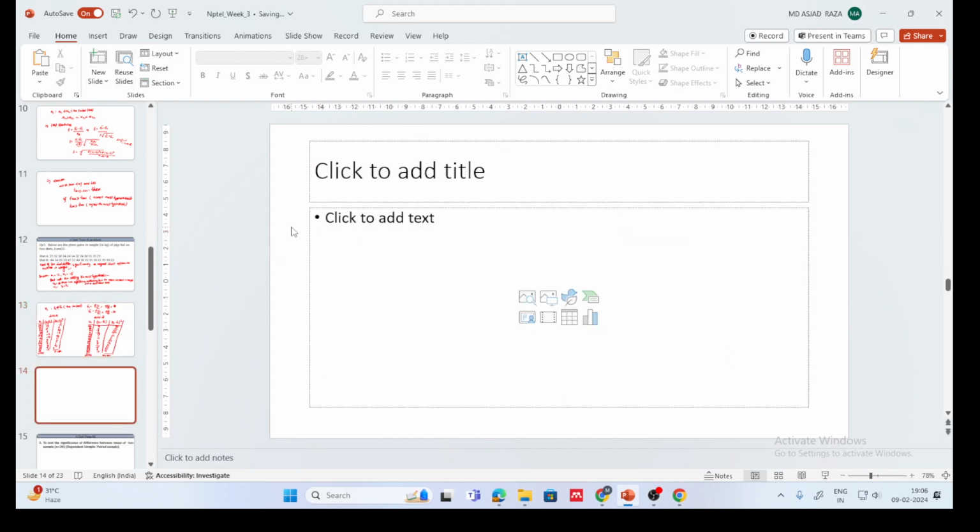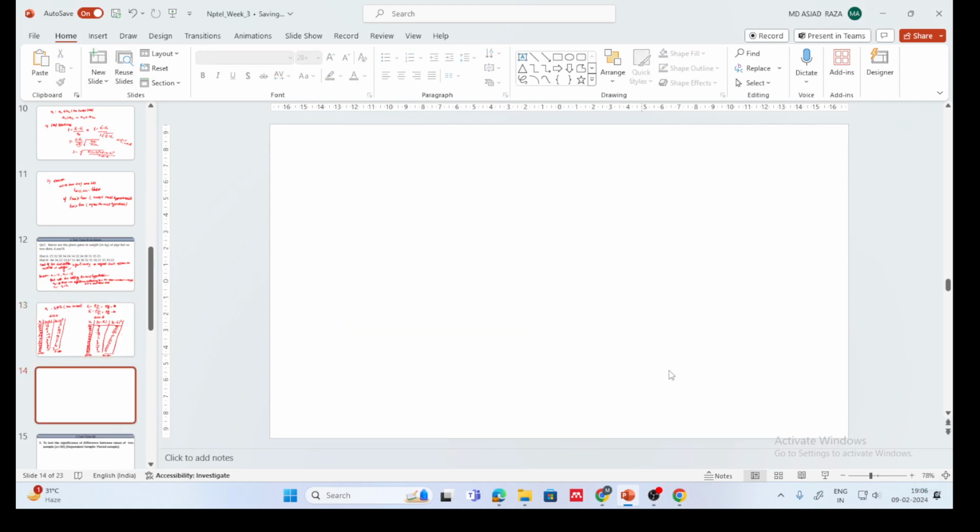I'll go ahead with that. I will solve. Now we will go with S squared. What is the formula? Sum of x1 minus x1 bar square plus sum of x2 minus x2 bar square, divided by n1 plus n2 minus 2.